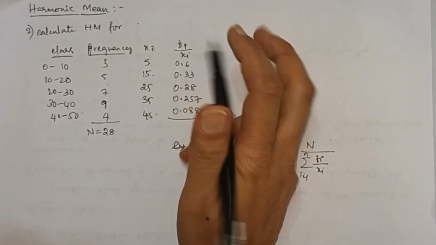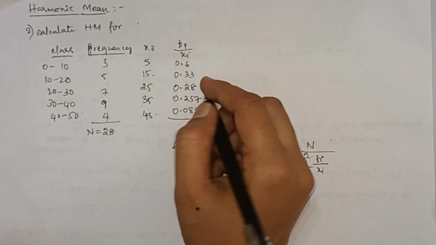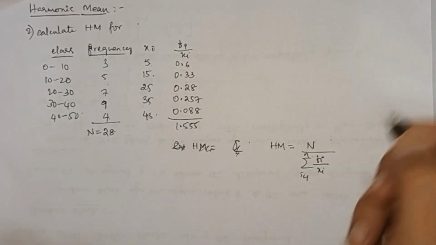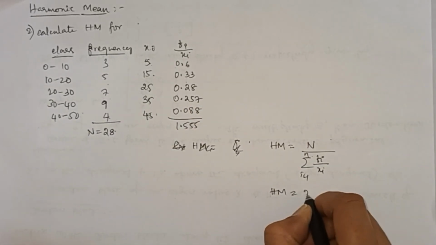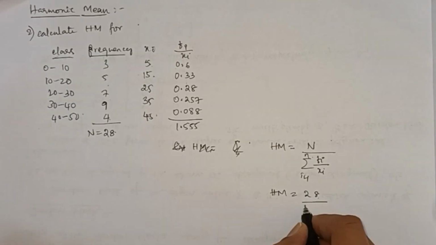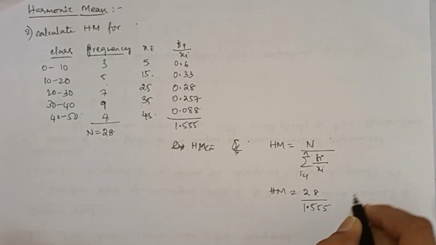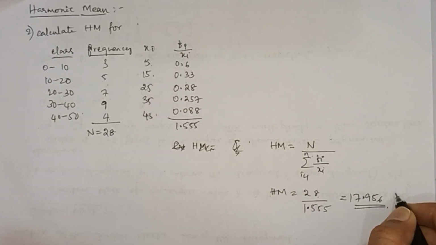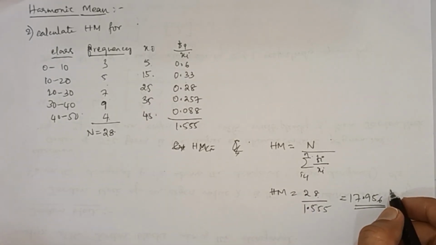Now I need the sum of all this fi by xi, that is 1.55555. So harmonic mean equals 28 divided by 1.555, which is equal to 17.956. So this is how we calculate harmonic mean for grouped data.